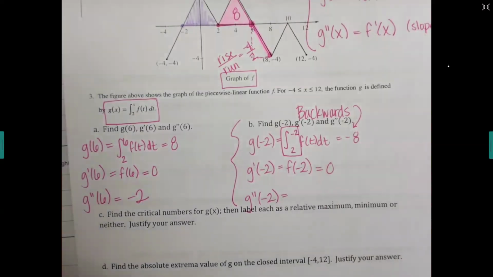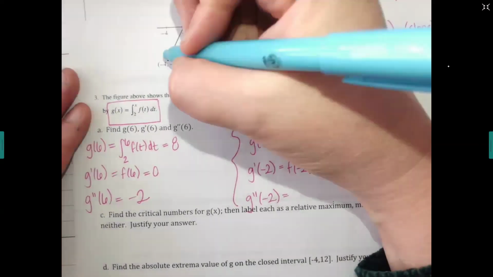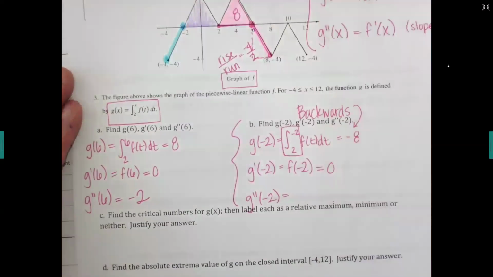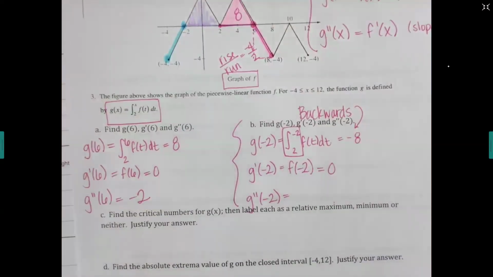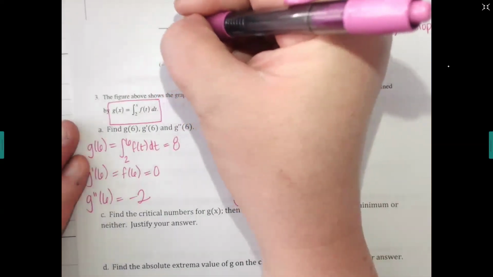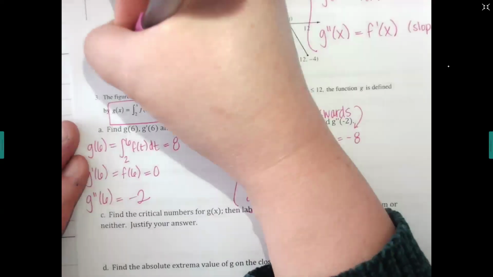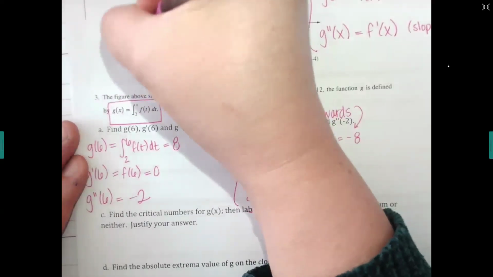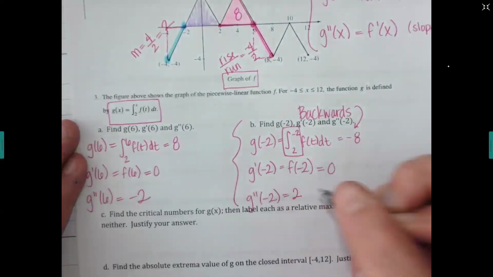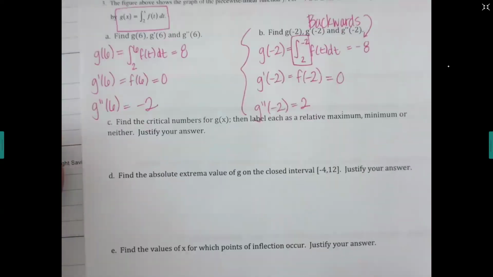So -2 is here. I'm just going to pick a second pretty point and then count the rise over run. So how many would I have to go up? 4 and then over 2, which means that my rise over run is 4 over 2, which is 2. Okay, so far so good?